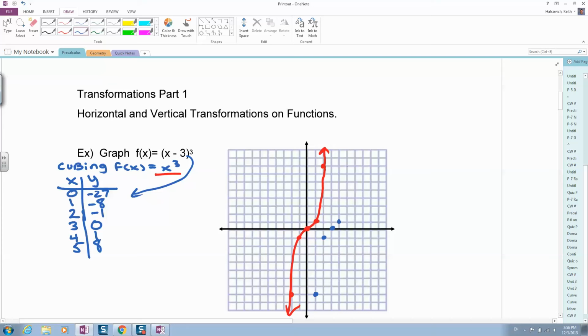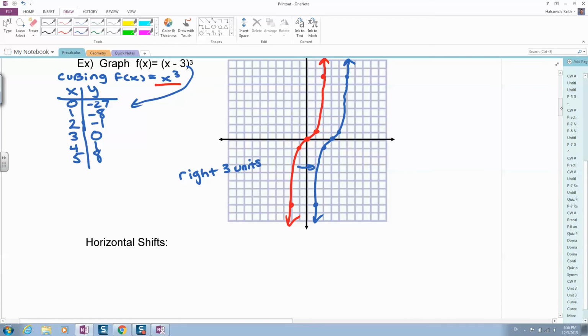And then 5 and 8. So notice the new version is right there. What happened here is everything got shifted to the right 3 units.